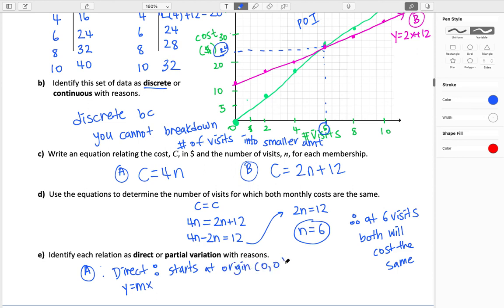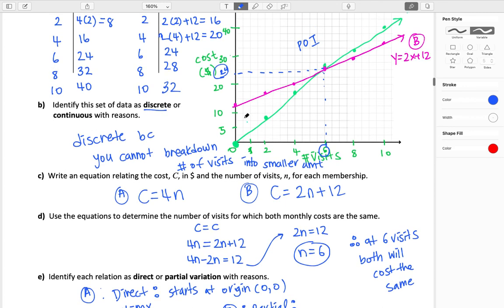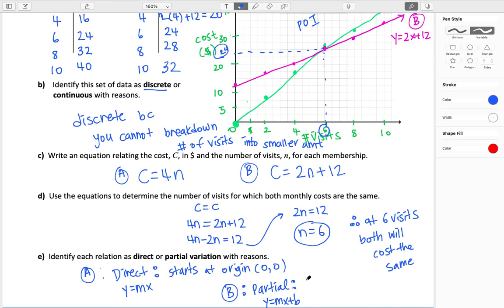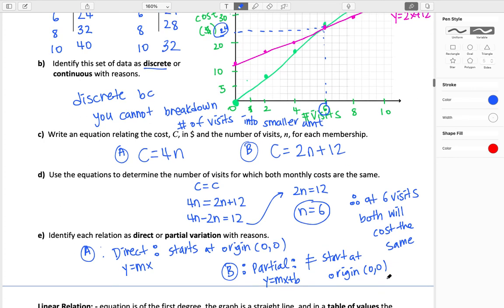On the other hand, for membership B, it's partial. Why is it partial? Well, not only does it follow this equation formula, but the main argument is that it does not start at 0, 0. It starts somewhere else on the y-axis when it's 0. So you could say it does not start at the origin. That's why it's going to be a partial variation.